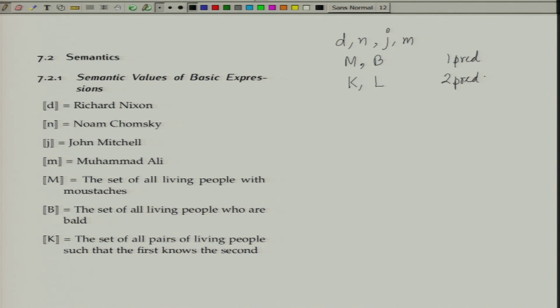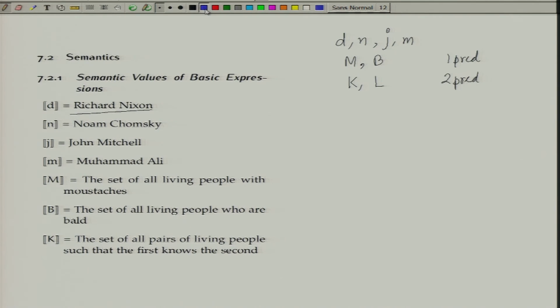So, this is the complete picture of it. Now, we shall see the references of each and every basic expression. First, the reference of D is Richard Nixon, this one.